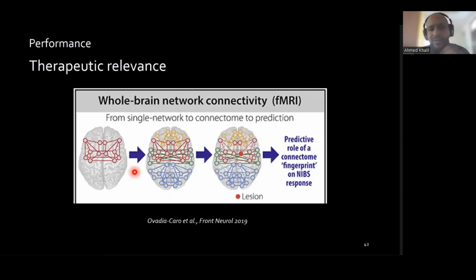And the whole point of this, of course, is to be able to say, using all these techniques, I might be able to identify on an individual level some kind of unique connectomic fingerprint, a specific set of changes in functional organization that I can then use, for example, to help in a more personalized way treat patients with things like non-invasive brain stimulation.